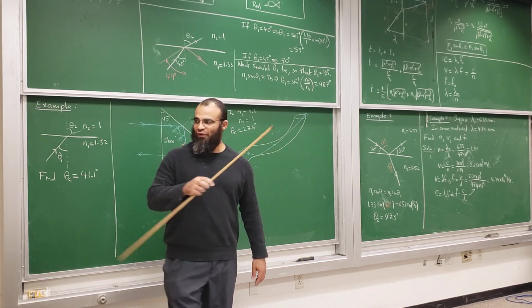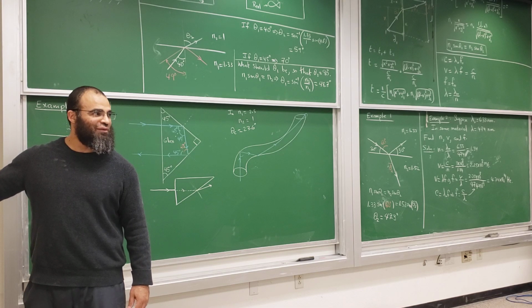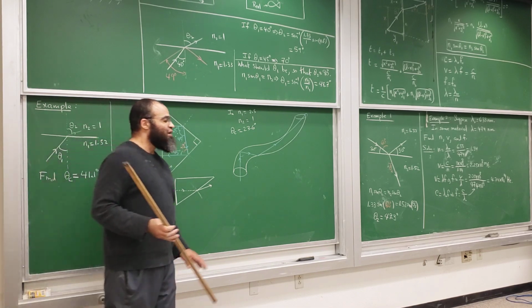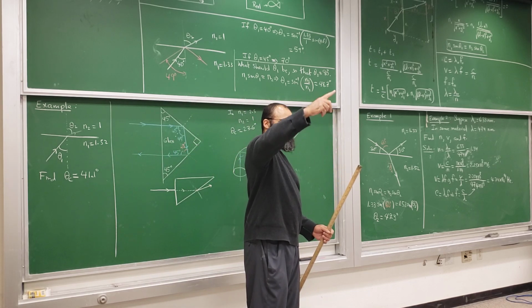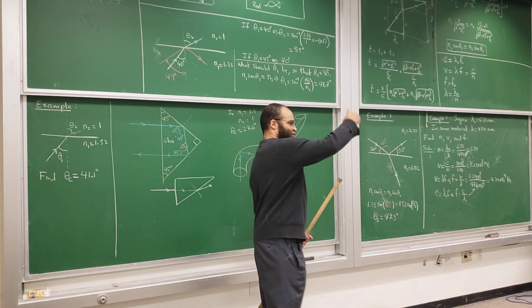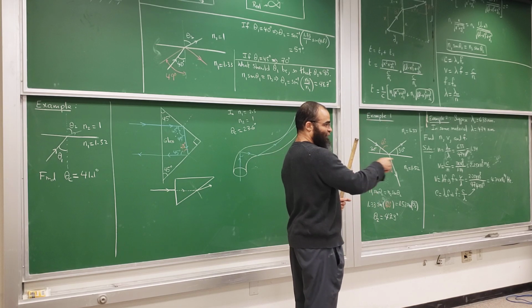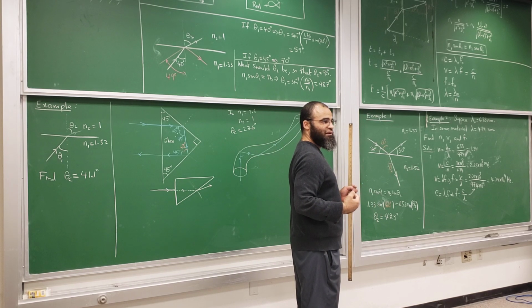But if I walk through the door this way, the meter stick cannot make it through. So what a polarizer does, if you have an electric field going up and down, is that it allows that, but any electric field that's going horizontal like this will not be allowed through. It will not pass through.